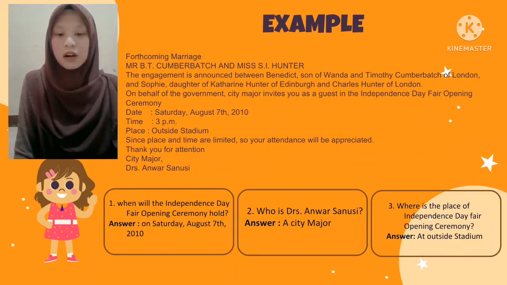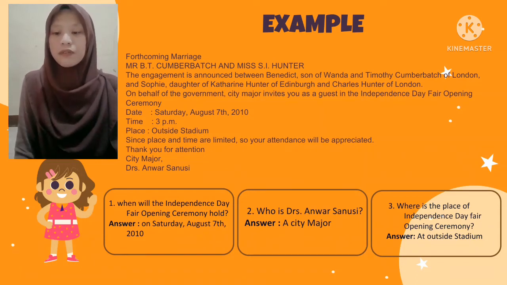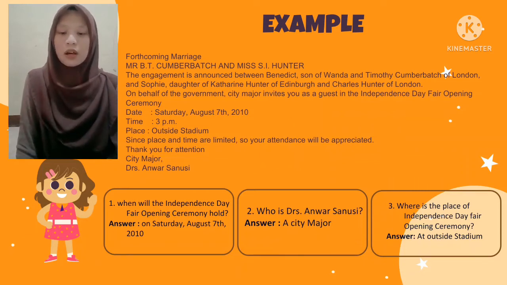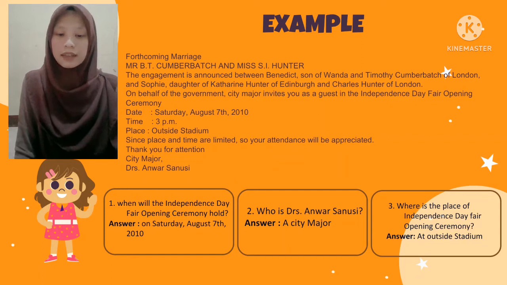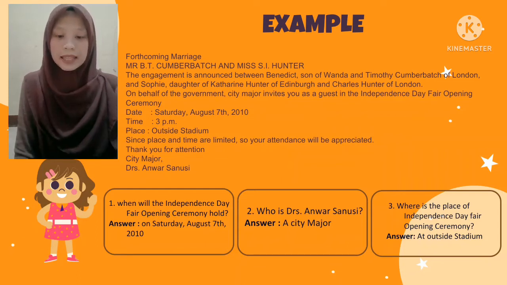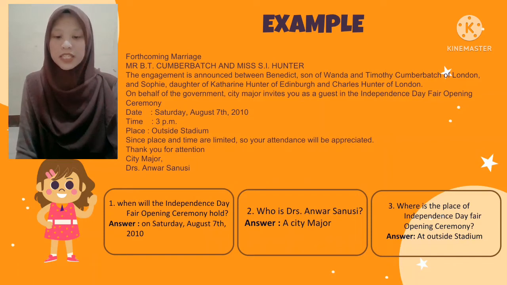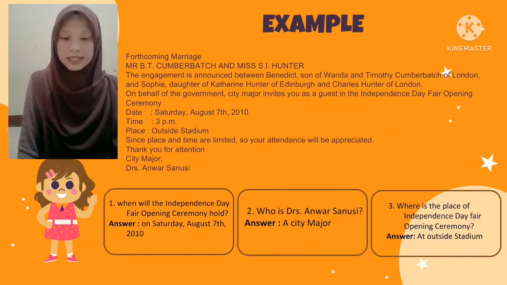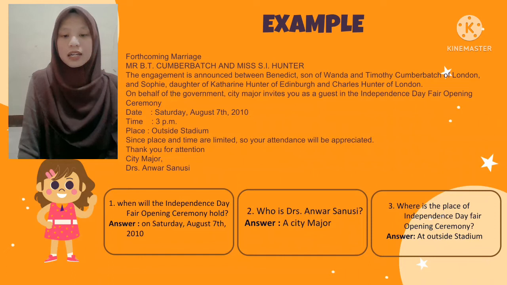On behalf of the government, the City Mayor invites you as a guest to the Independence Day fire opening ceremony. Saturday, August 7, 2010, time 3 p.m. Place outside the stadium. Space and time are limited, so your attendance will be appreciated. Thank you for your attention. City Mayor, Dr.